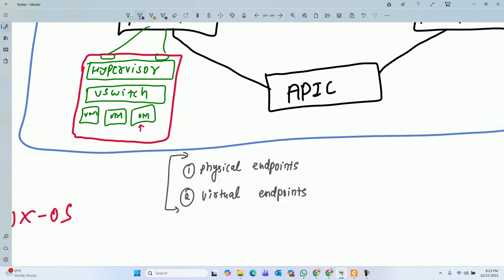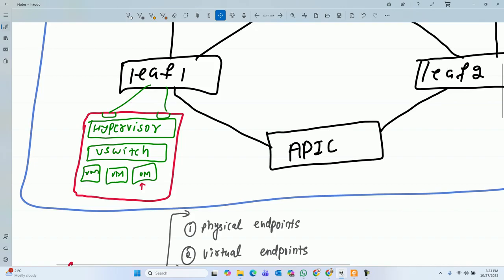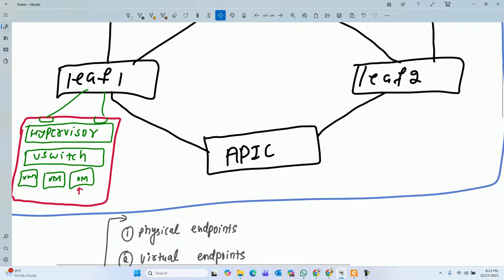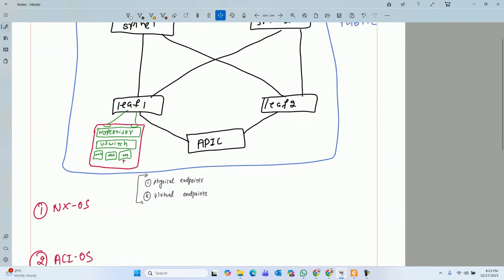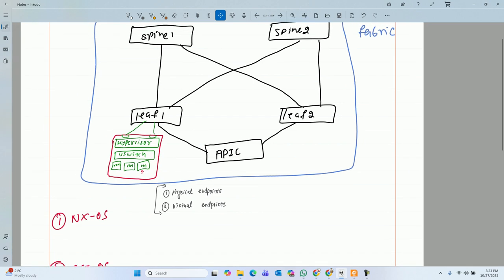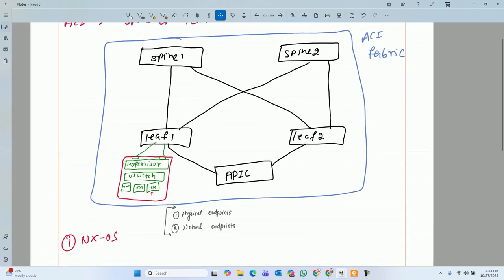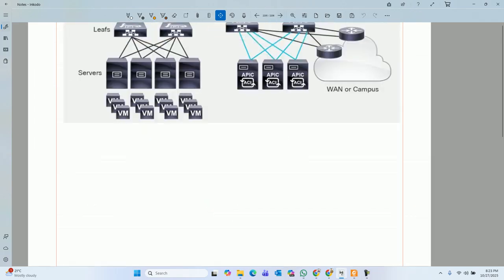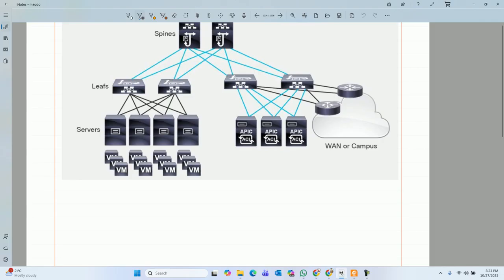In this case, these virtual machines are the virtual endpoints in our network. But you might have an appliance which is directly connected, a standalone server, which is also going to act as an endpoint. So we always have two types of endpoints here. That's why this is the visual representation here.